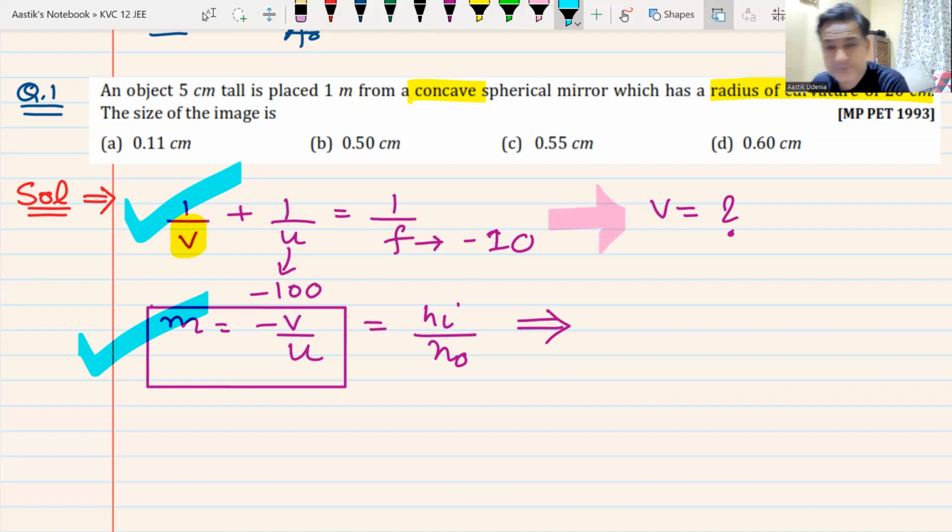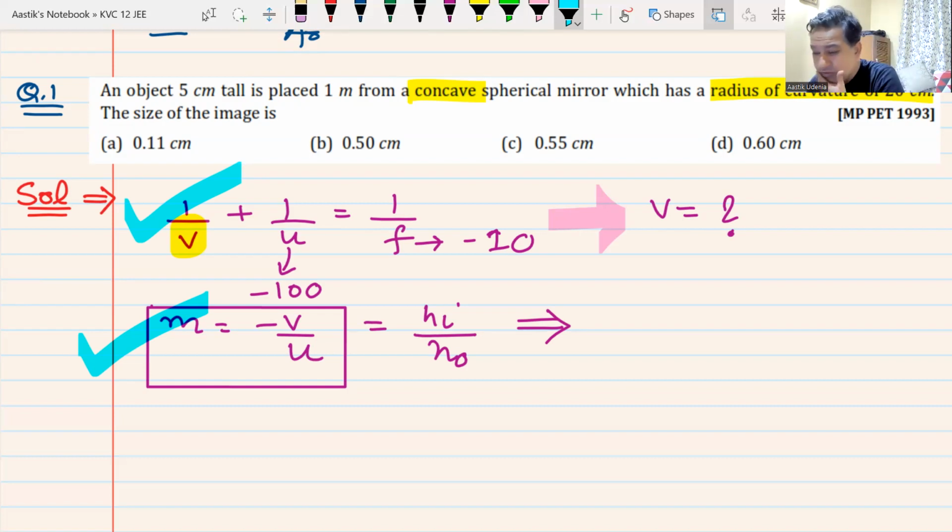Now, the difference between an average student and a student who has done smart work would be that an average student will take some time, maybe 2 or 3 minutes to solve this. A smarter student will solve it in, let us say, 15 seconds or 20 seconds. That is the entire difference.